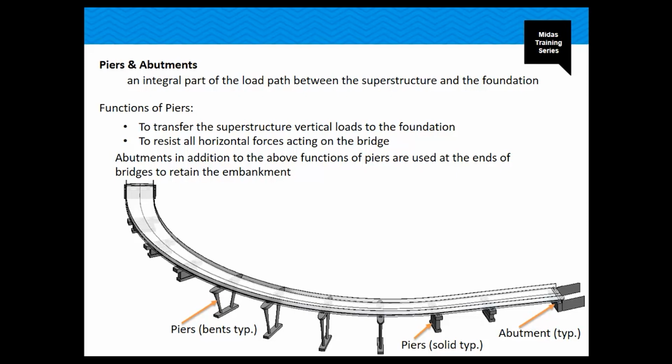In multi-span bridges, the end of the superstructure is supported over abutments, where the intermediate spans rest over piers, as you can see here. These are different types of piers, and these are the abutments at the end of the bridge. So basically, the piers resist and transfer the vertical and horizontal loads to the foundations, and the abutments, as I mentioned, retain the embankments at the end of the bridge.